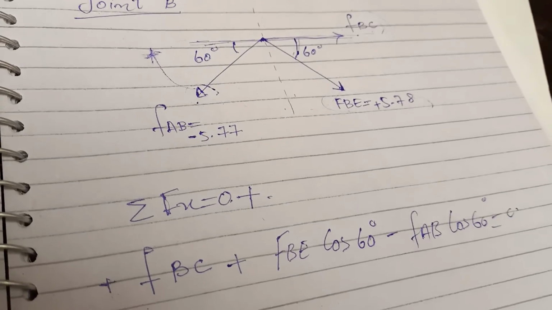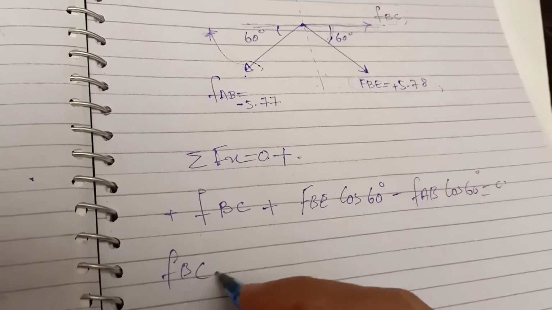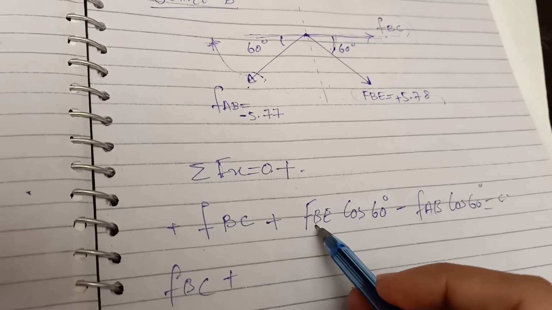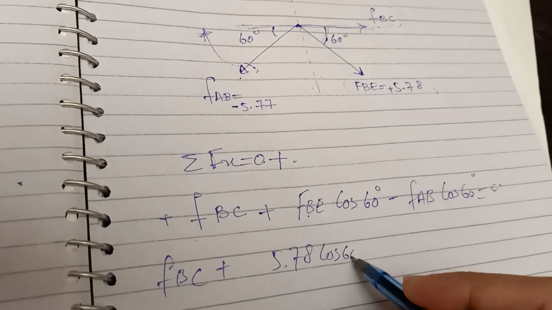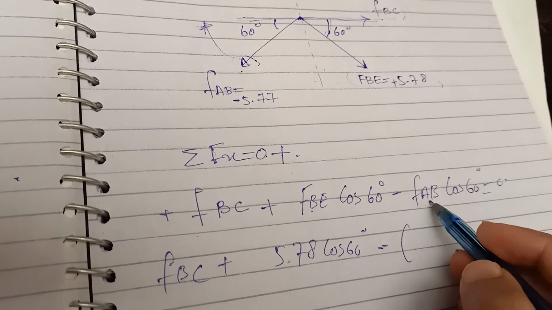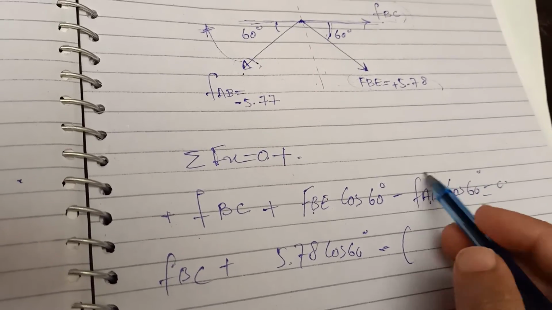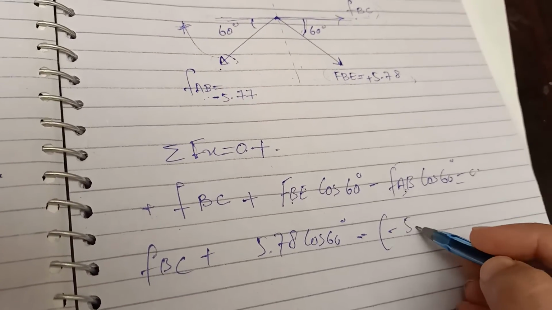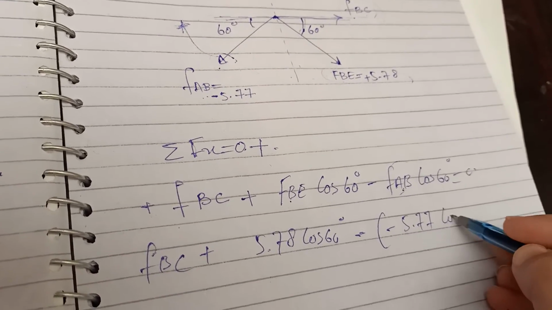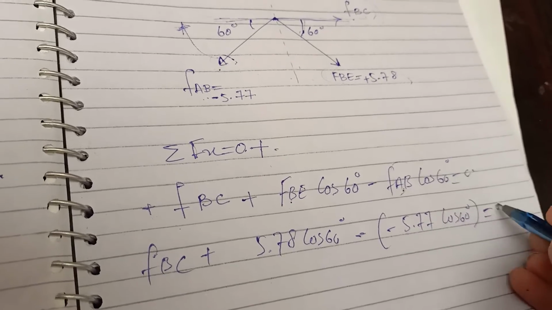Now just put in the values. FBE equals 5.78 cos 60, minus again, FAB has a negative sign. Don't be confused by these signs. Sin 60 equals 0.